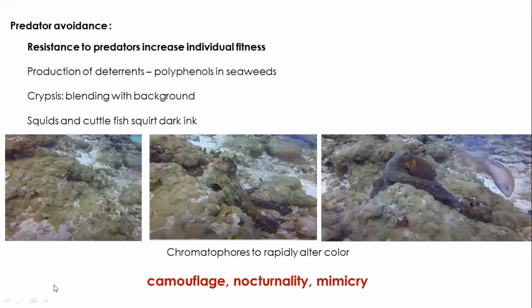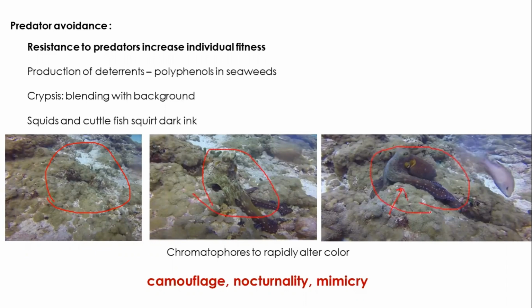You can see in this particular area, there is an octopus, but you can't see that there is an octopus. When the diver went near this rock, they saw that there is an octopus, and when they went nearby, this octopus is now clearly visible.